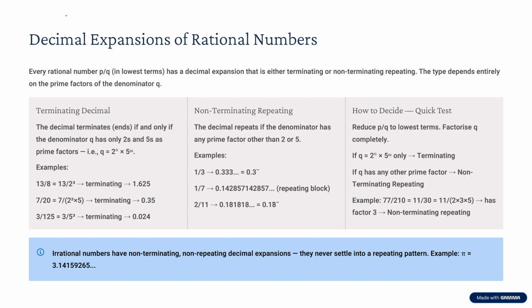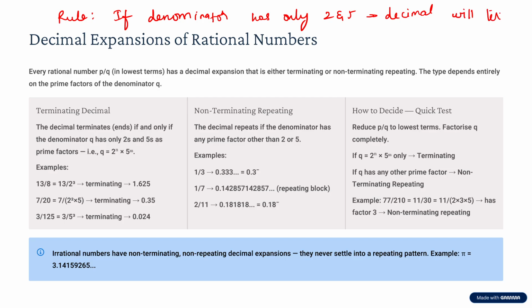The rule is: if denominator has only 2 and 5, decimal will terminate. If any other number, decimal will repeat. Okay, for example, you can take 1 by 8, it's terminating, right? 1 by 3, repeating.